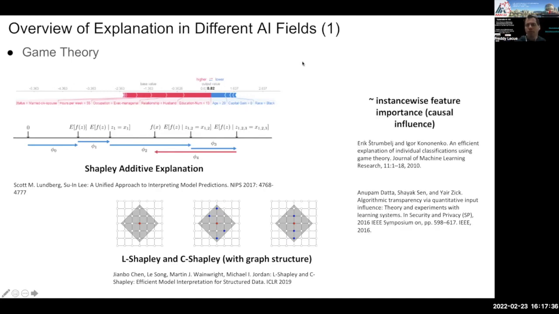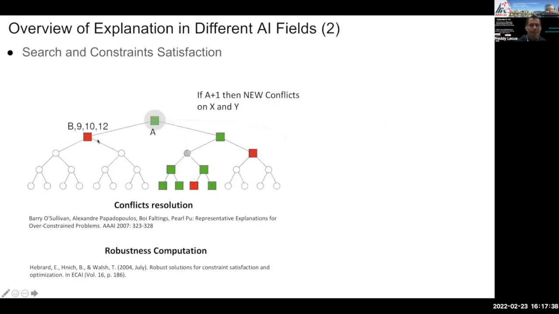Another important area, as I mentioned, is search and constraint satisfaction, where you do have constraints among different entities and nodes. And the question is, what are those soft constraints that might be removed, and what could I gain out of it?